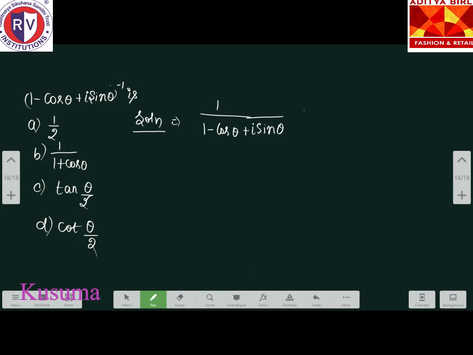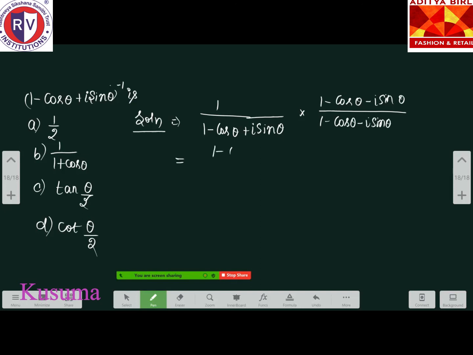We will multiply and divide by 1 minus cos theta minus i sin theta. In the numerator, it will be 1 into 1 minus cos theta minus i sin theta, which gives 1 minus cos theta minus i sin theta.